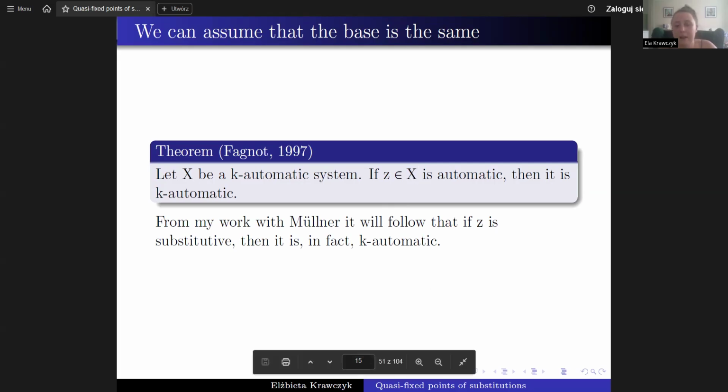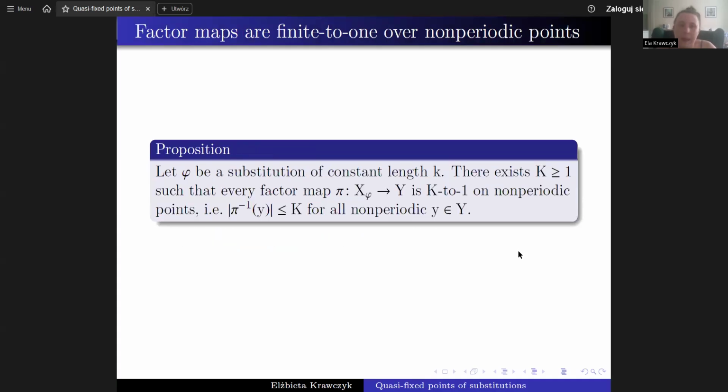But here, these notions of automaticity or substitutivity in a substitutive system, in an automatic sequence, are going to be the same. So we can assume that the base is as close to the original substitution as we want. It's the same base. We are working in the same numeration system.